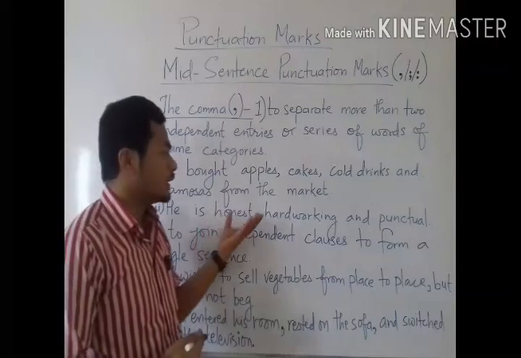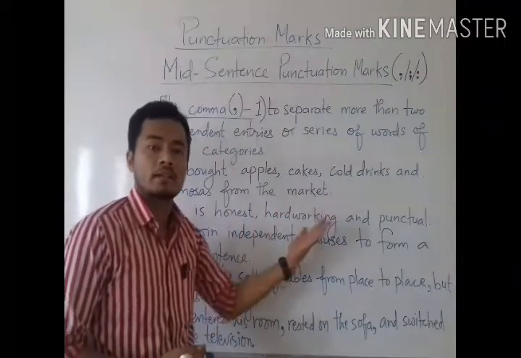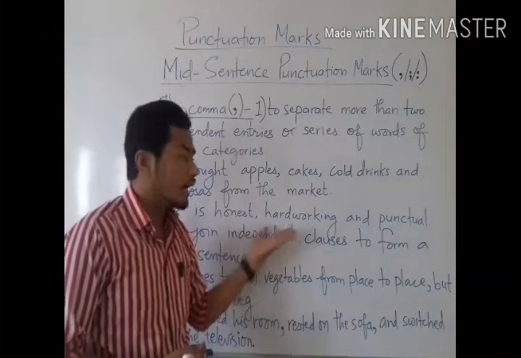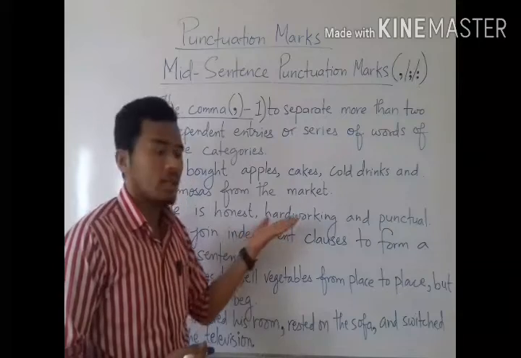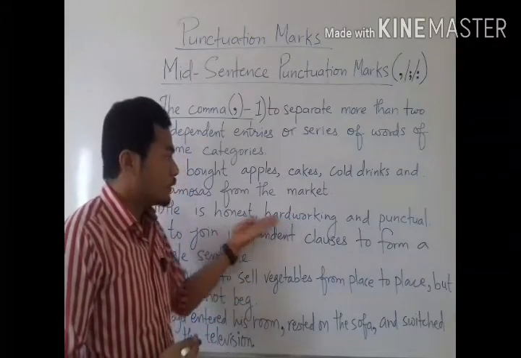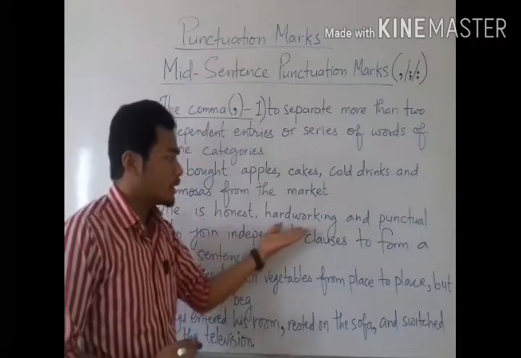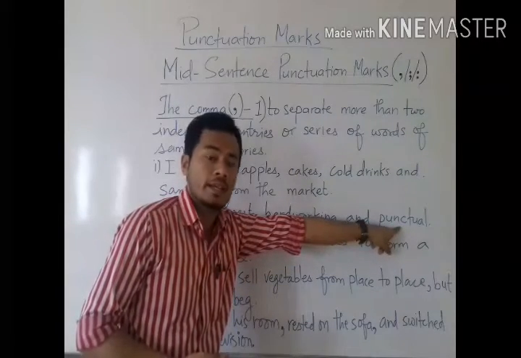Okay, see, honest, hardworking and punctual, these three are words of the same category, they are adjectives. So before the last word I have used and, because the sentence actually ends here.